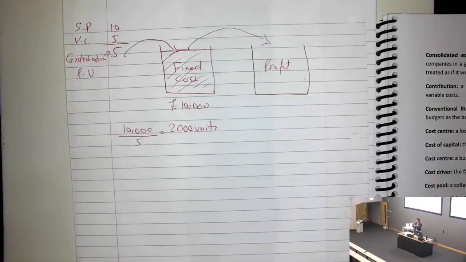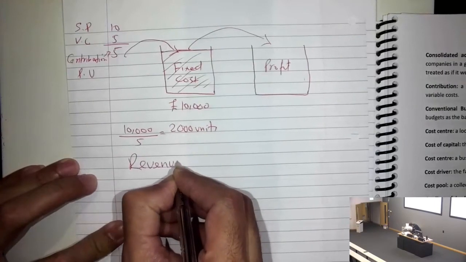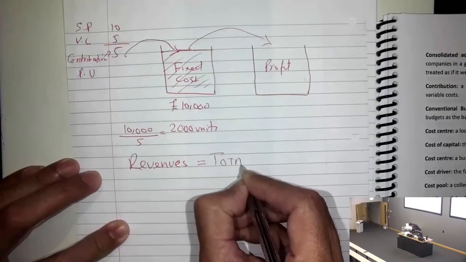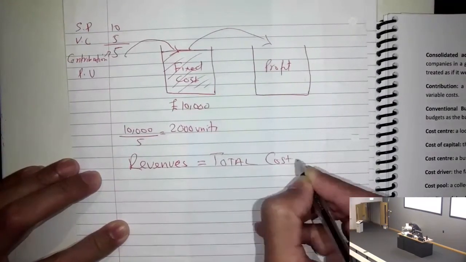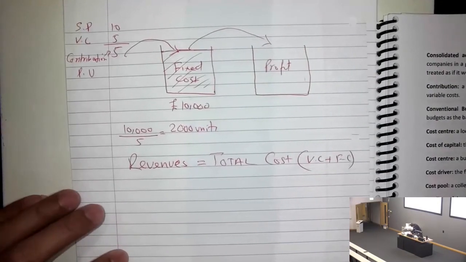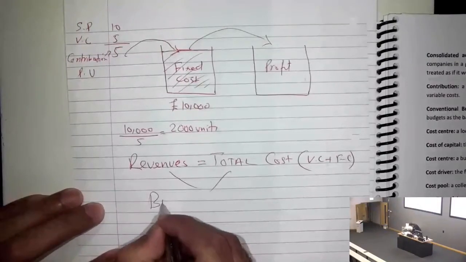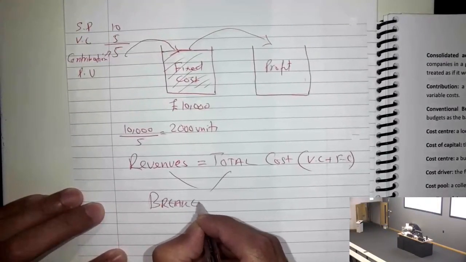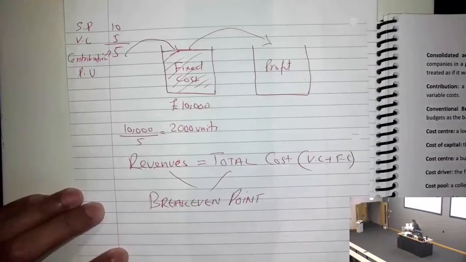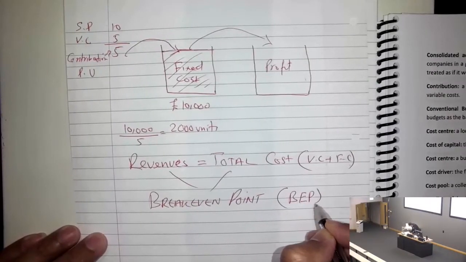So when our revenue equals total cost, and that means variable cost plus fixed cost, this point is called break-even point. We also write it down mostly as BEP.